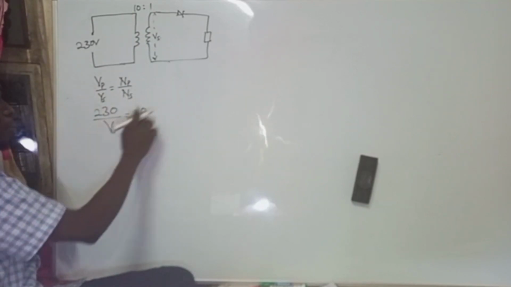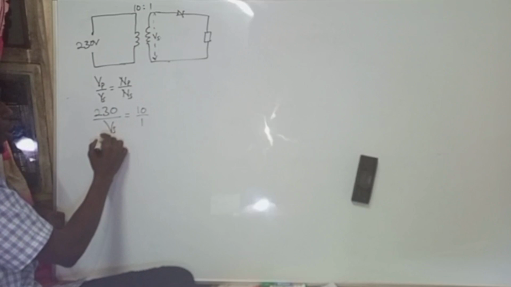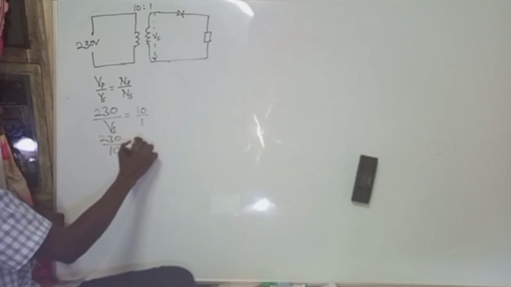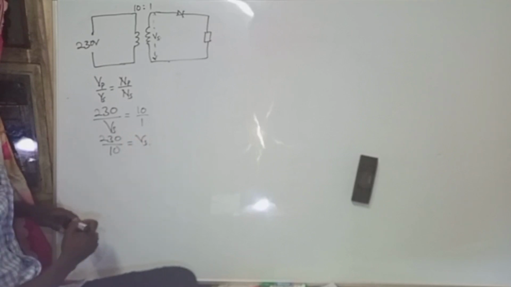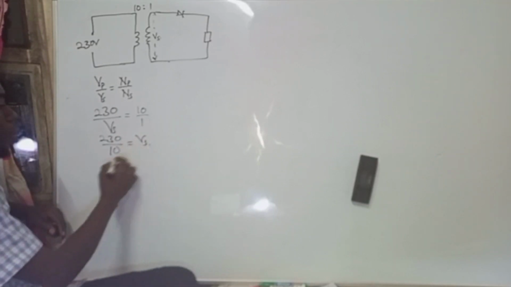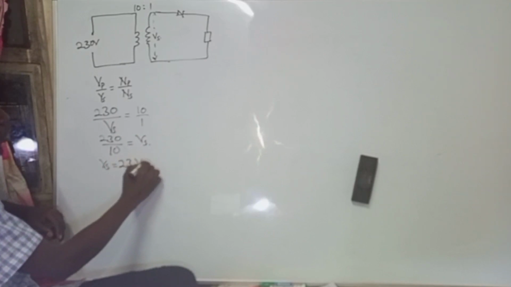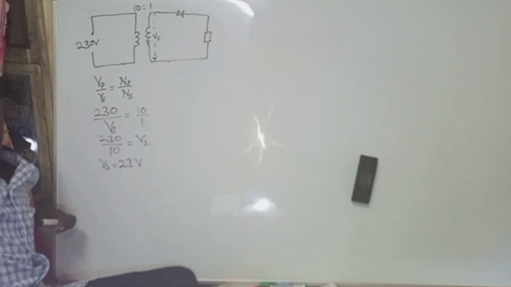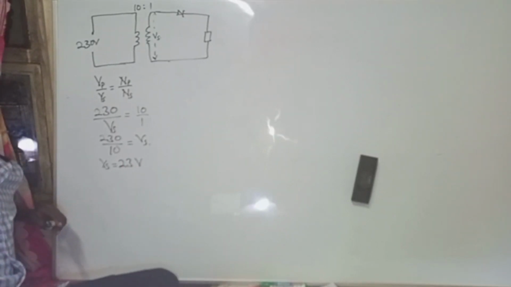So simply when we take the Vs to the other side, we have 230 divided by 10 equals V secondary. So our V secondary is going to be 23 volts, but that 23 volts is still the RMS value.